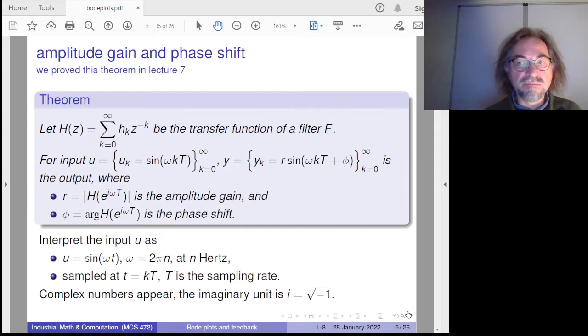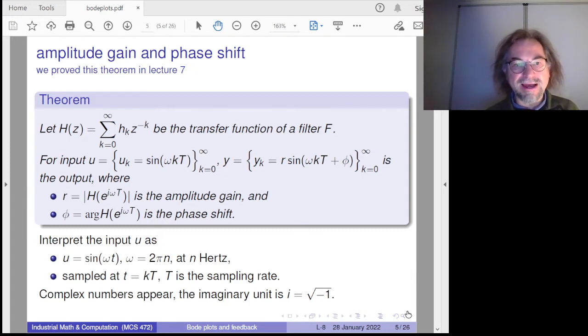So this theorem was used to introduce the notion of a signal as a sine function. So our filters, they will be linear, time invariant, and causal. So for such filters, the output is again a sine function, but it has a change in amplitude.